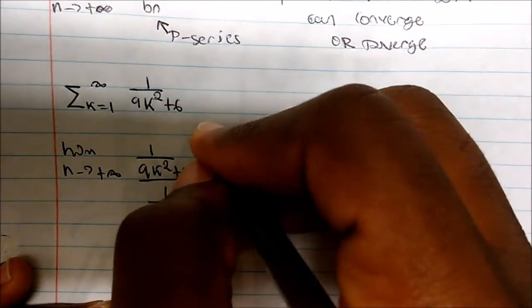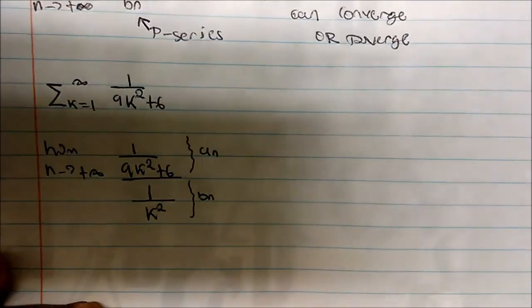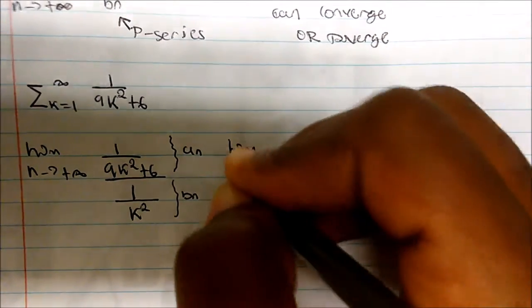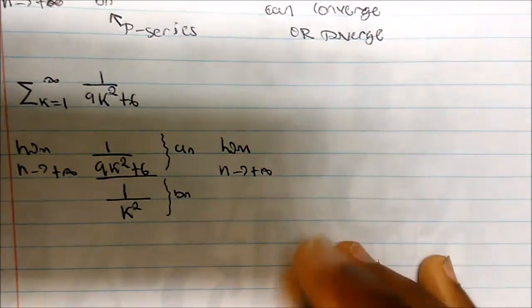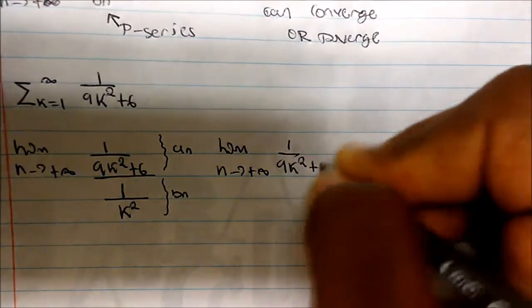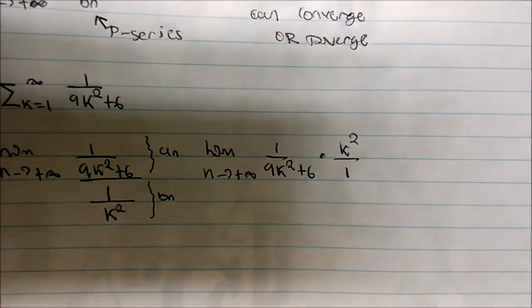This is my a_n, and this is my b_n. If we're dividing fractions, remember we can flip it and multiply. So this becomes the limit of 1 over 9k squared plus 6, multiplied by k squared over 1.